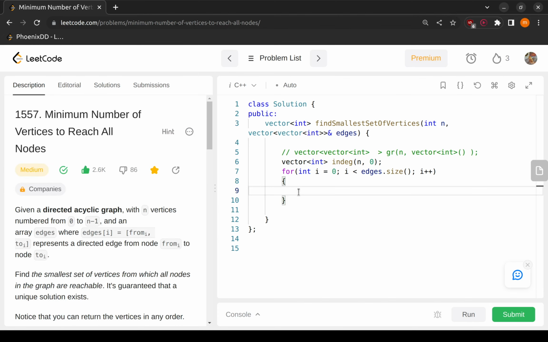The first is from and second is to. So we will say that in degree of edges[i][1] plus plus. And let's create an answer vector.